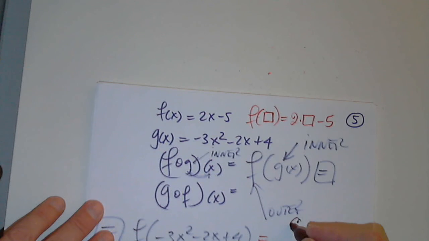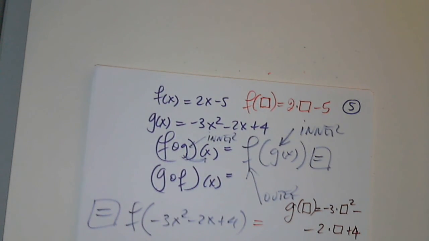G says g of whatever, really, literally whatever, is negative 3 times that whatever squared, minus 2 times that whatever, and plus 4.